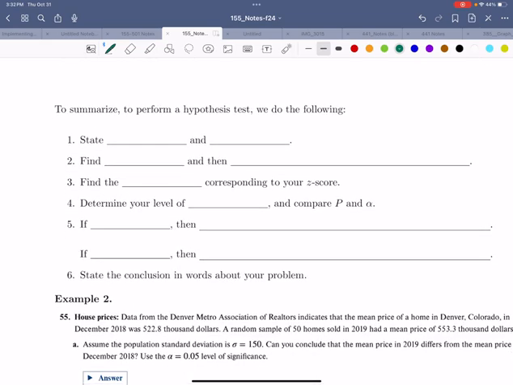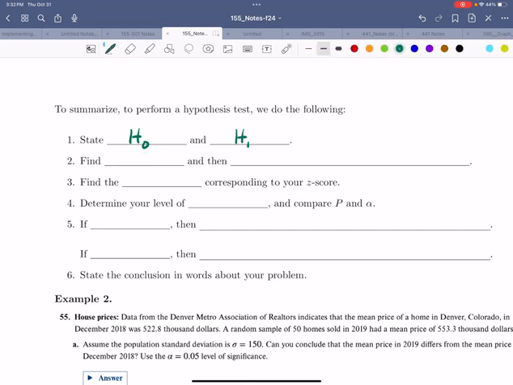Here's what we do in general. We state our null and alternate hypotheses. We find the standard error. I guess it does matter the order, right?